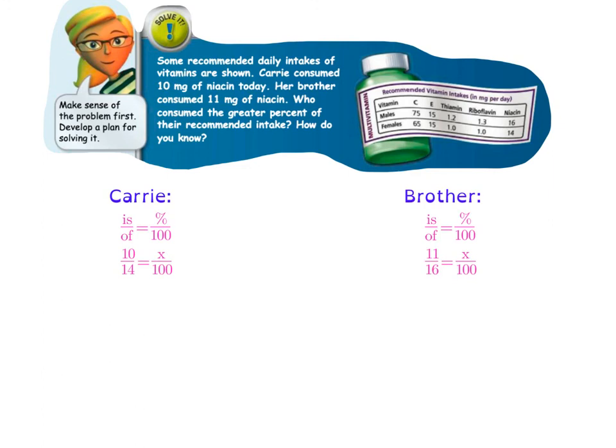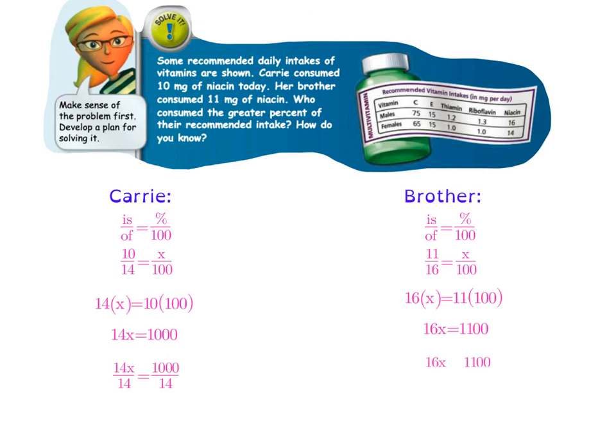So what's his percentage? Well, if we cross multiply, we can see for Carrie, it's 14 times x equals 10 times 100. And for her brother, it's 16 times x equals 11 times 100. And when we continue doing the calculations, we get 14x equals 1,000 for Carrie, and 16x equals 1,100 for her brother. And what do we have to do? We need to divide both sides by 14 for Carrie and divide both sides by 16 for her brother.